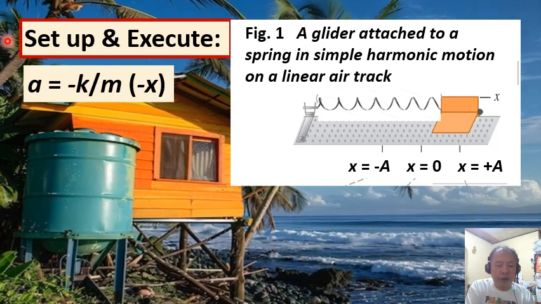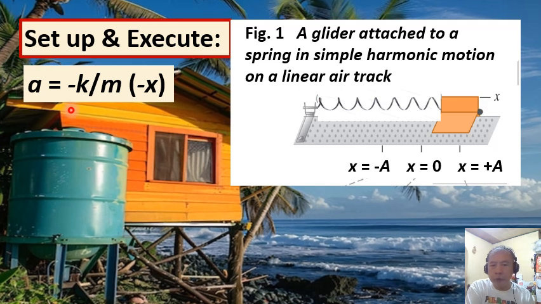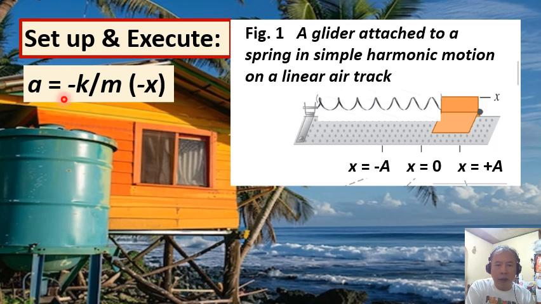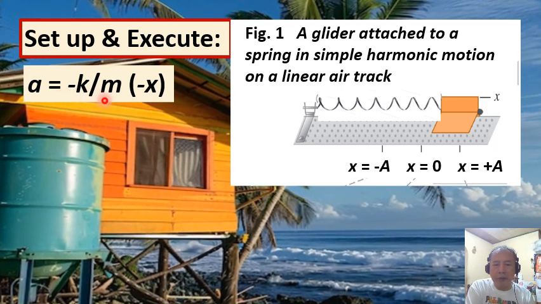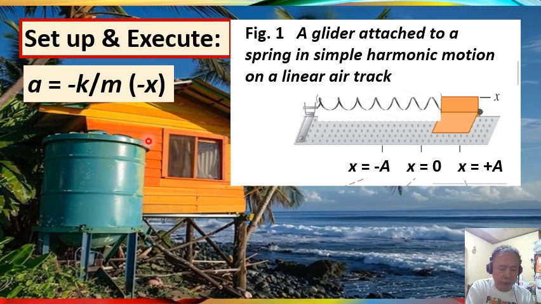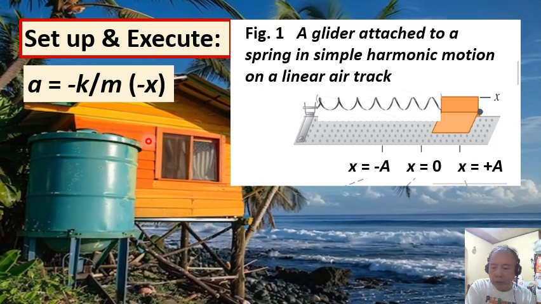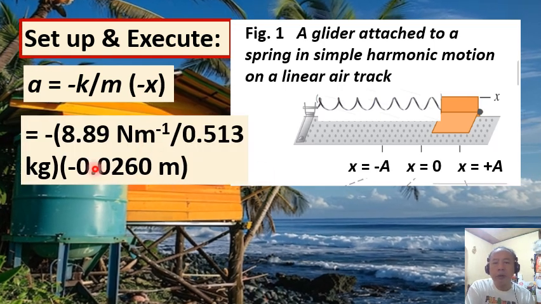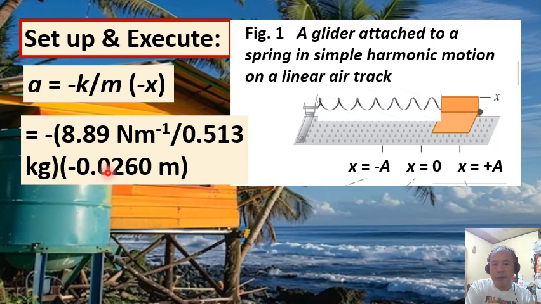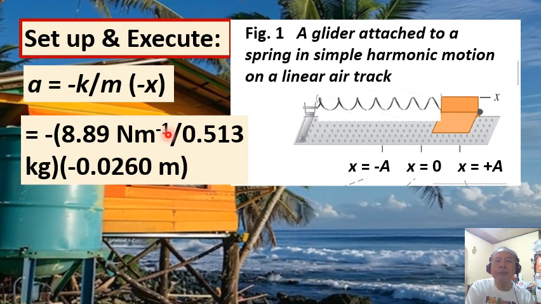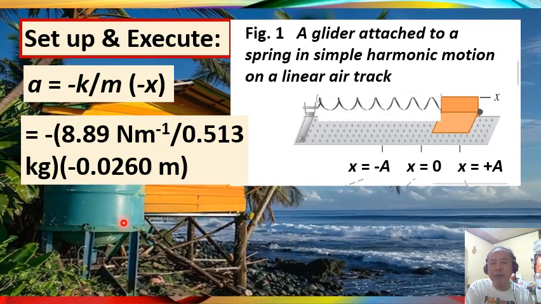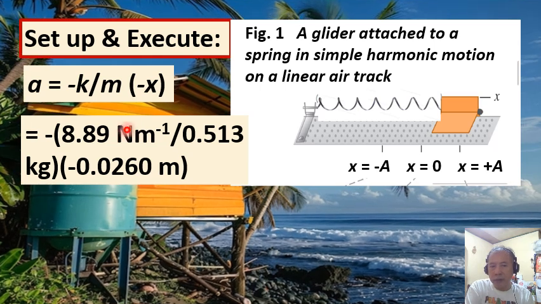So, using this equation for computing the acceleration A, equals negative k over m multiplied by negative x, right? We choose the negative value of x in this equation so that we will come up with a positive value for our acceleration, right?